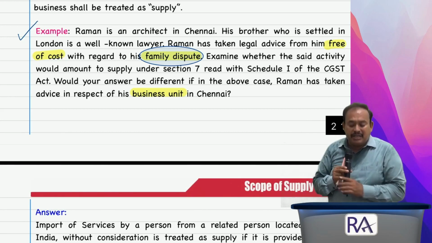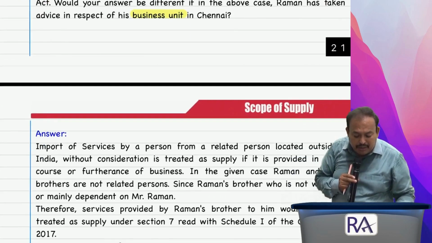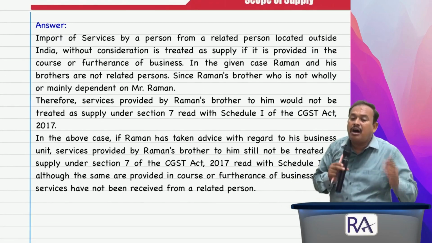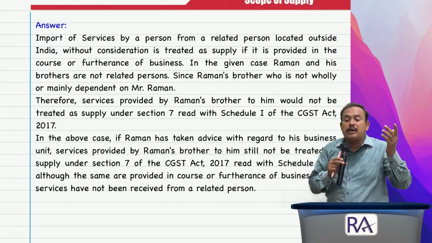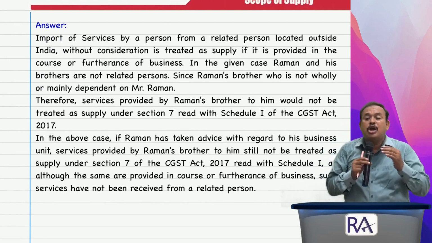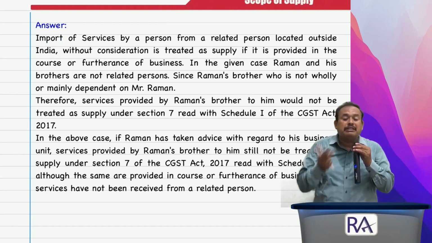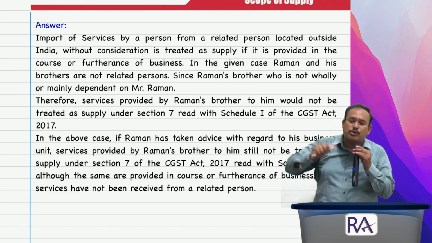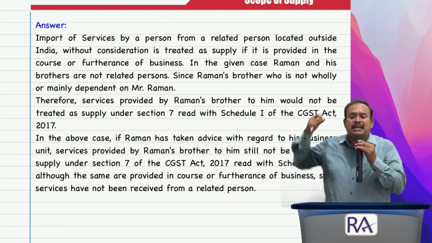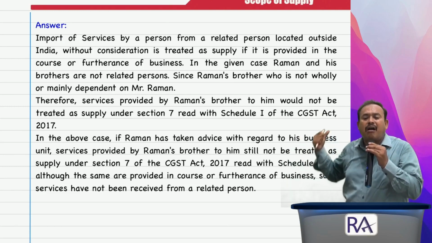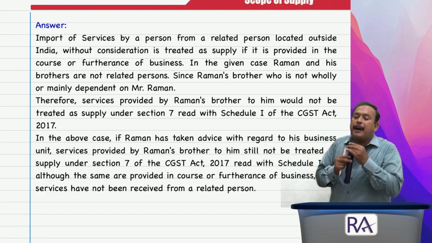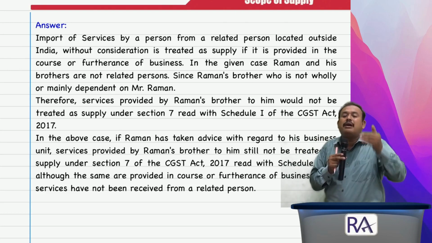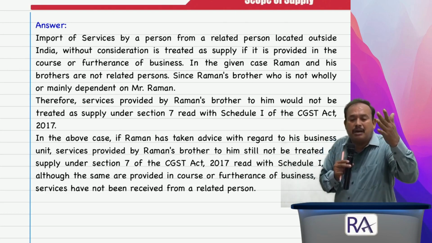The solution given here is as follows. For your kind consideration, reading as follows. Answer to the given question. Import of services by a person from another person located outside India without consideration is treated as supply if it is provided in the course or furtherance of business. In the given case, Raman and his brother are not related persons, since Raman's brother is not wholly or mainly dependent on Mr. Raman.